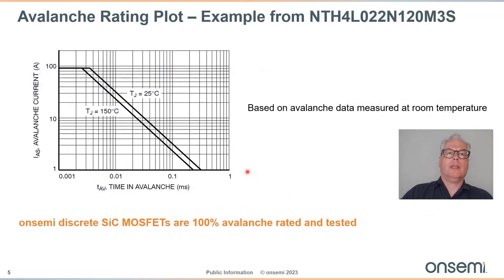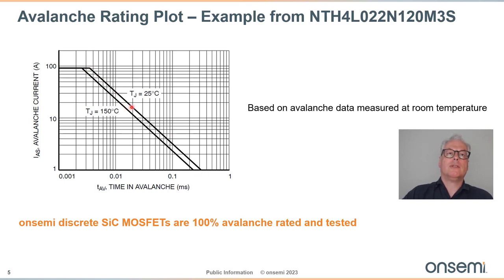The right way ultimately of specifying avalanche rating is with an avalanche rating plot of time in avalanche versus avalanche current. This is what we do on our datasheets. We've done this for many years on our automotive MOSFET datasheets, silicon MOSFET datasheets, and we do this on our SiC MOSFET datasheets. As we see here, this represents the curves shown from the calculations in the previous slide, but it's actually based on measured data. The slope is slightly different.